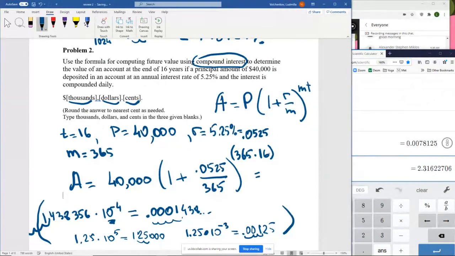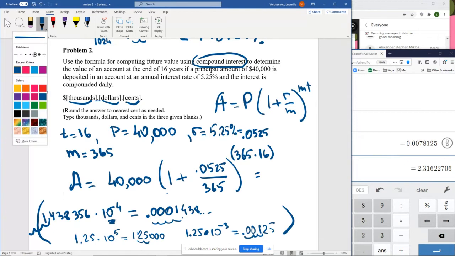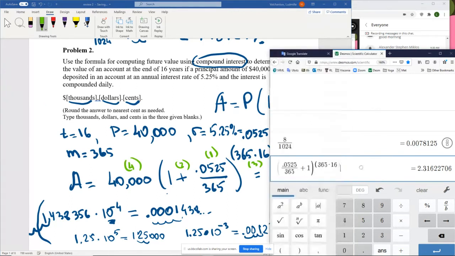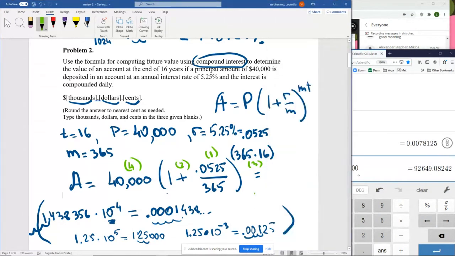So this is the expression in parentheses raised to the power, and the last step. If you work step by step, this is the first, second, then raising to the power is the third operation, and then the fourth is multiplication. So we multiply by 40,000, and then we get the answer.